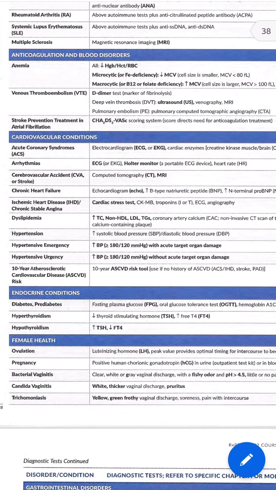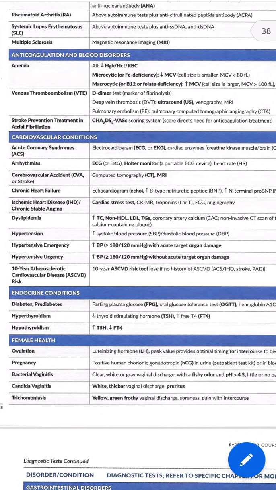Holter monitor is a portable ECG device.